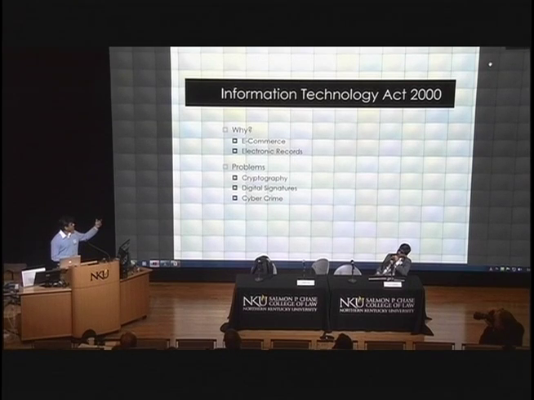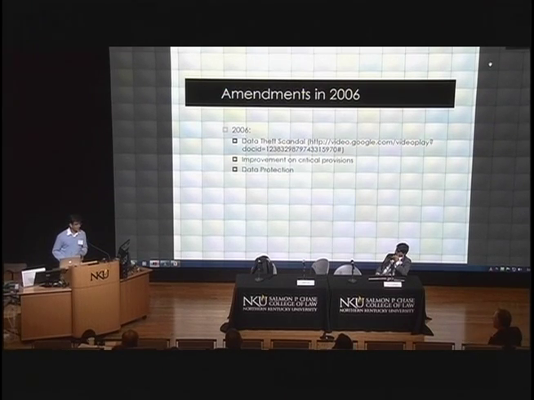And so they had some key problems in the areas of cryptography, digital signatures, and cybercrime, which ended up in a huge scandal in 2004, where a British investigative agency did a documentary showing how Indian BPO workers were selling financial and personal information of Americans and Britons on the black market.